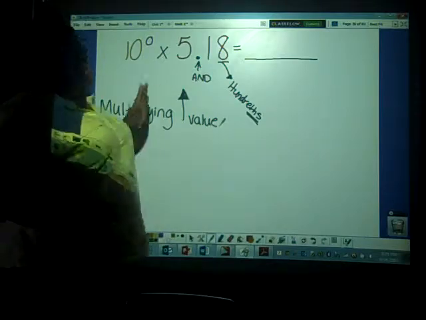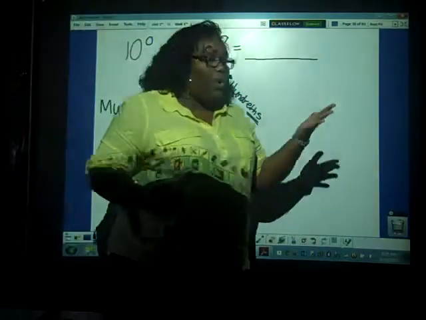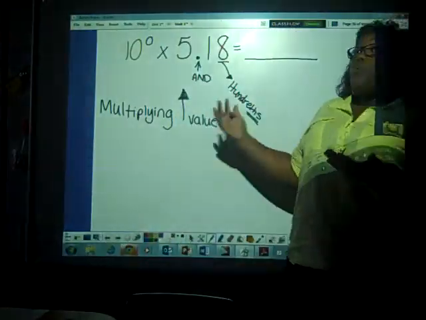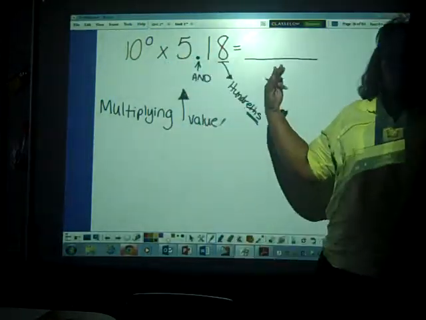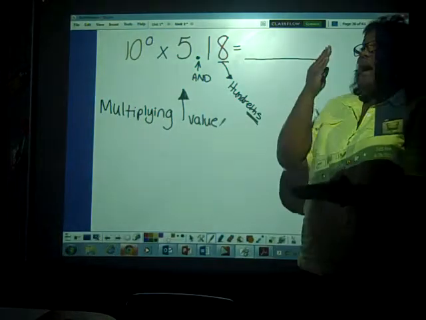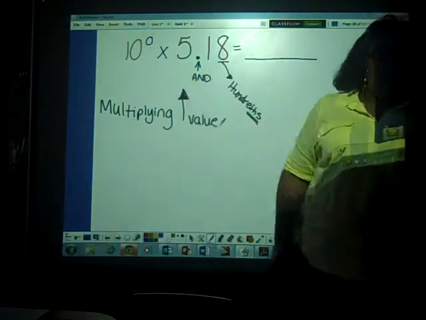When you are multiplying, your value is always going to increase. So your product is going to be larger than the original number value you start out with. So think about multiplying, increasing.